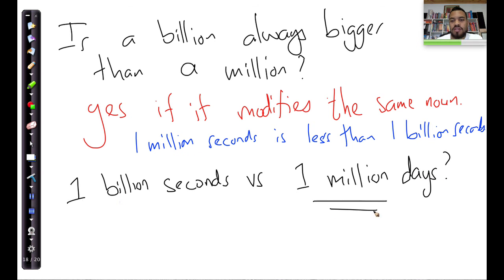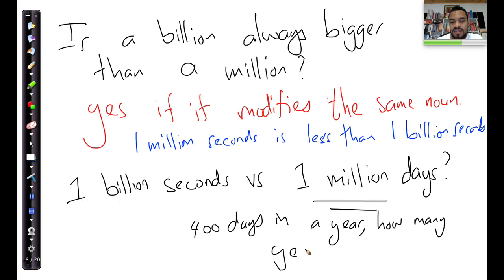Now I want you to work out the first question: if you assume that there are 400 days in a year, how many years is 1 million days? How many years is 1 million days?